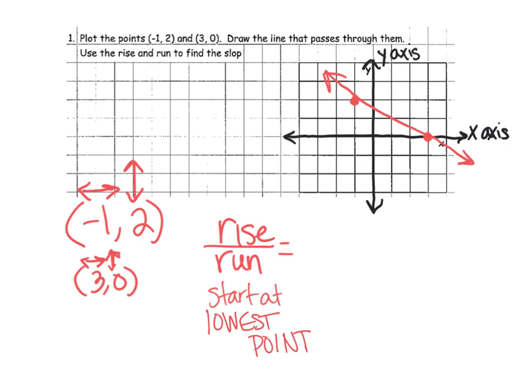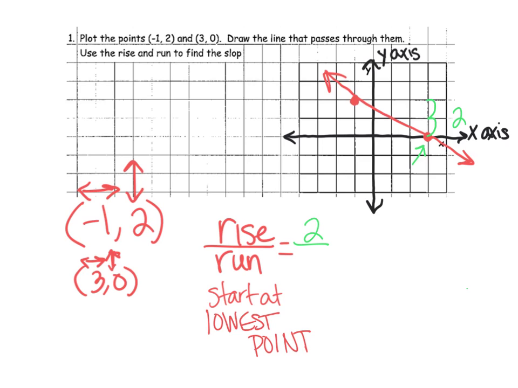So here's what I'm going to do, and I'm going to do this in green. My lowest point is right here. So you need to go from red dot to red dot. I'm going to start at the lowest point. I'm going to rise up 1, 2. So I rose 2. So that's your numerator.